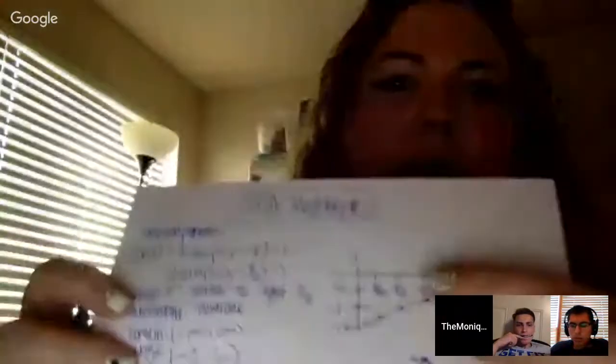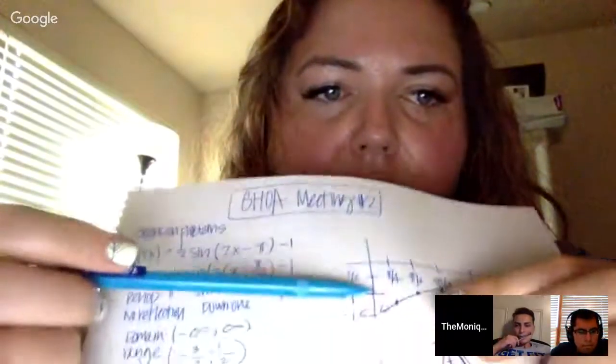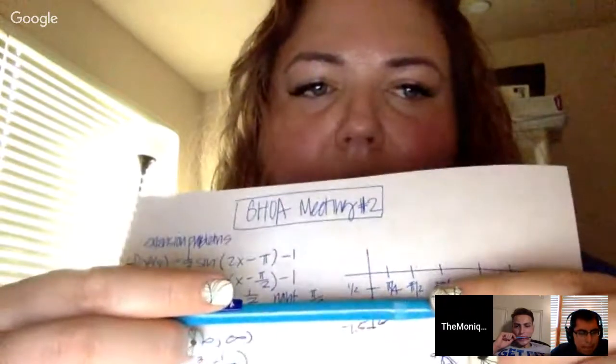I'm trying to follow what you're saying. Because this is the right answer. Yeah. So what I did was I used this one where we did where it was a -1, right? And since it was -1, and the stretch was half, but everything went up and over that 1, that became the new x-axis.